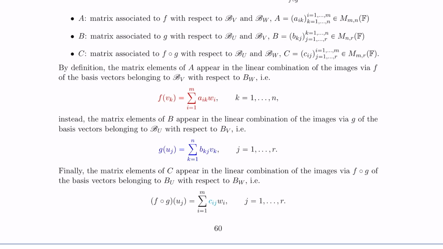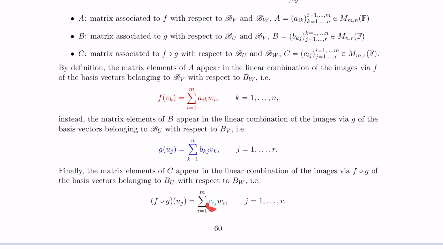By definition, the entries A_ik are the coefficients that appear in the expansion of f of v_k with respect to the basis B_W. The entries B_kj are the coefficients of the expansion of g of u_j with respect to the basis B_V.